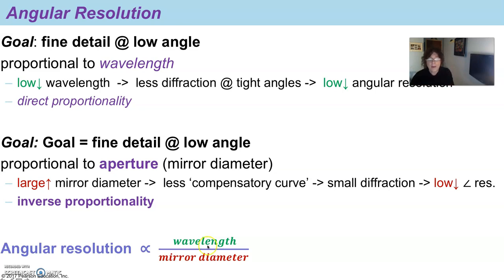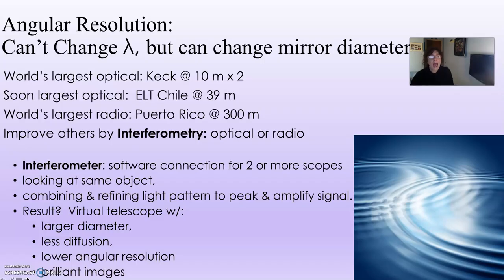Okay, when you have a high number in the denominator, it's going to give you a low number in the quotient. So in talking about that, let's talk about how we can make that diameter even larger. There is a method called interferometry that goes along with the wave property of light that can interfere with each other, and we addressed that a few videos back.